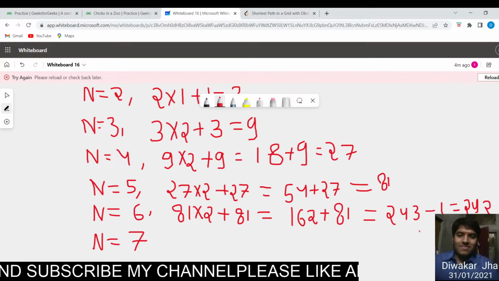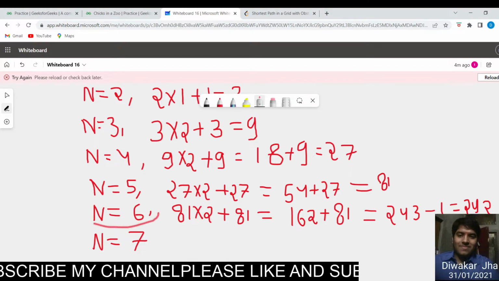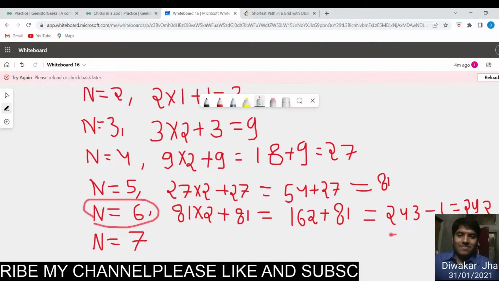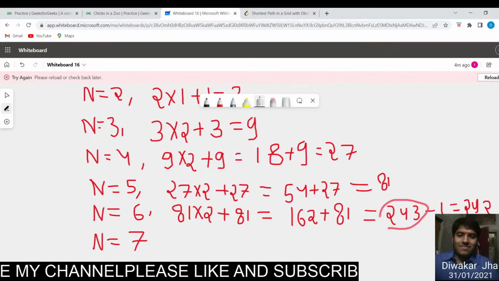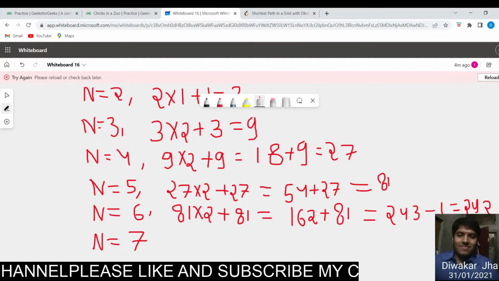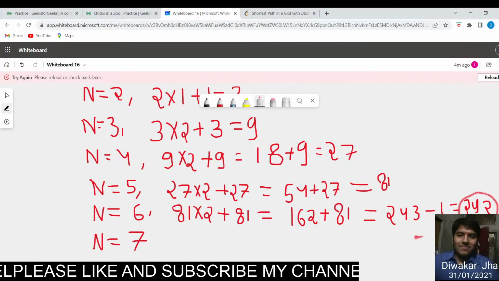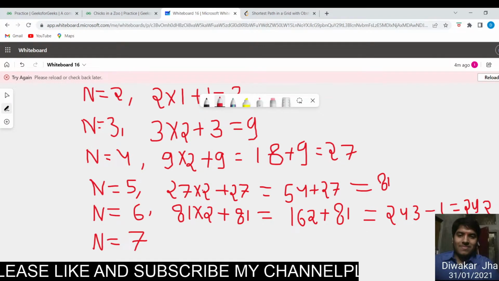On day 6, we have 243 chicks available. But on day 7, only 242 chicks will contribute to the next generation.